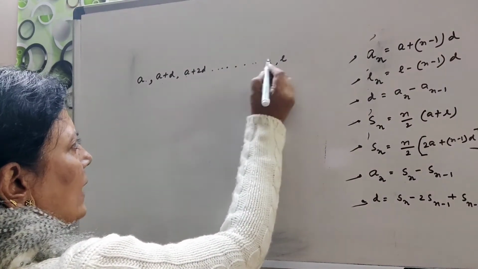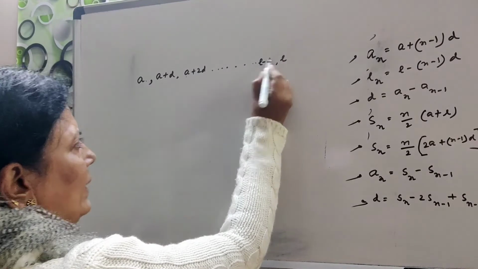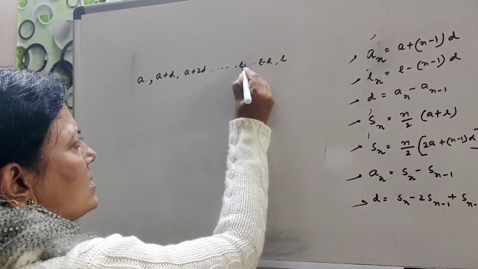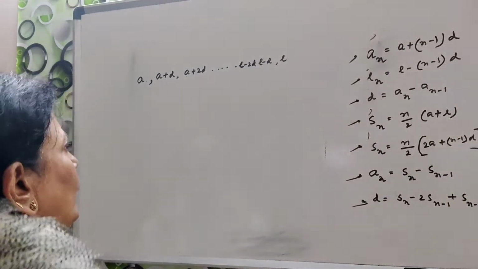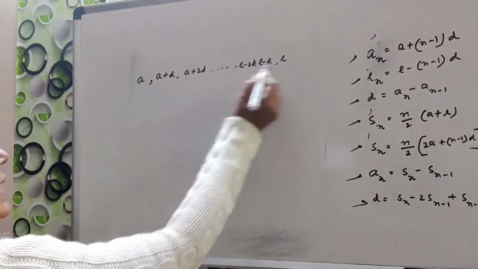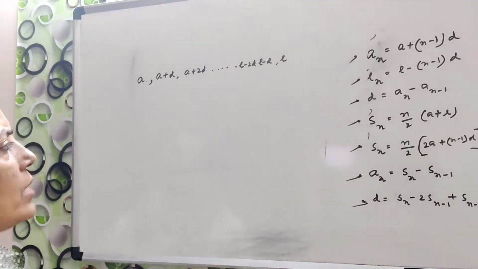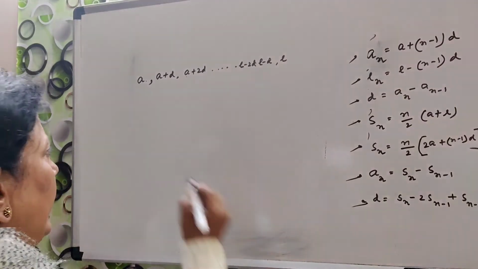So the second last term should be L minus D, the third last term L minus 2D, and so on. From forward as well as from backward, we can find the general formula of the nth term.